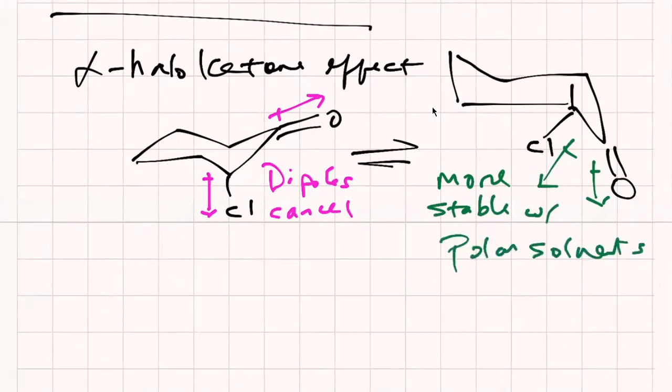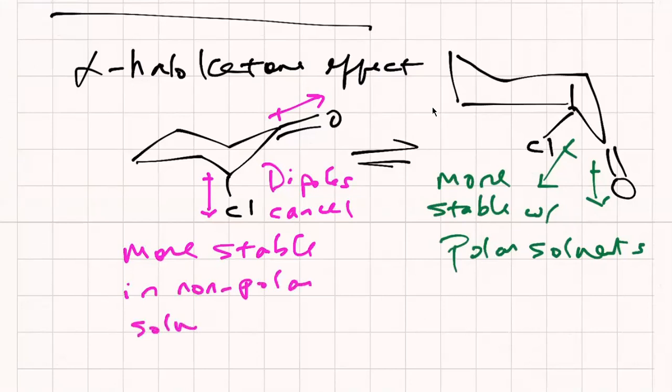And then for the other isomer, where the dipoles cancel, this conformation is going to be more stable in non-polar or apolar solvents. And so that alpha halo ketone effect is seen and it's understood based on the polarity. So this is more of an electronic effect.